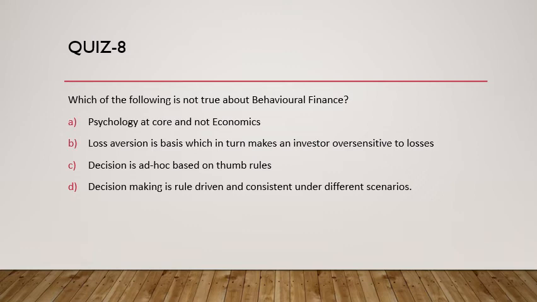Loss aversion is the basis, which in turn makes an investor oversensitive to losses. Exactly the point that behavioral finance brings out. Decision is ad hoc based on thumb rules. Yes, that's also true. And decision making is rule driven and consistent under different scenarios. No, this is not true, because this has more to do with traditional finance. So the answer again would be D.